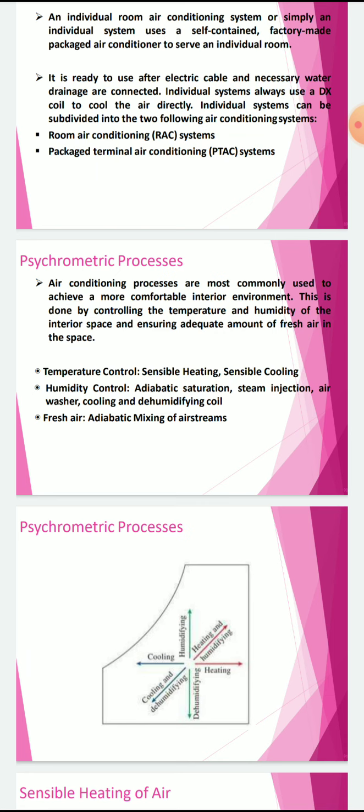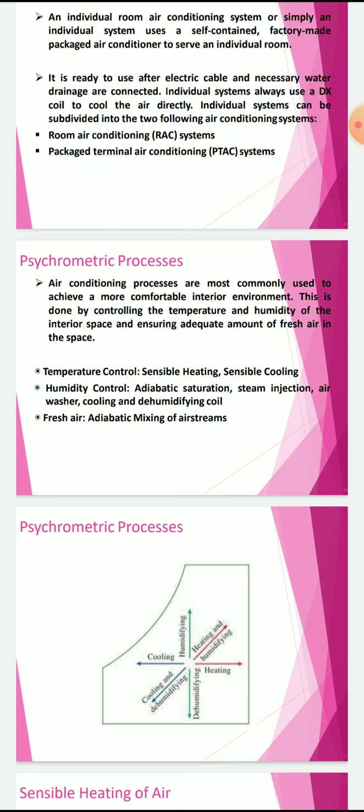The temperature of the air is controlled with the help of either heating or cooling. If the temperature is low, as in cold countries, it must be increased, so we require sensible heating, without changing the phase of the fluid present in it.